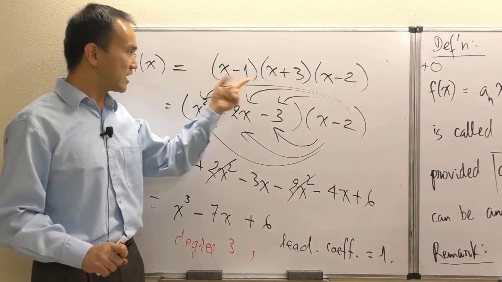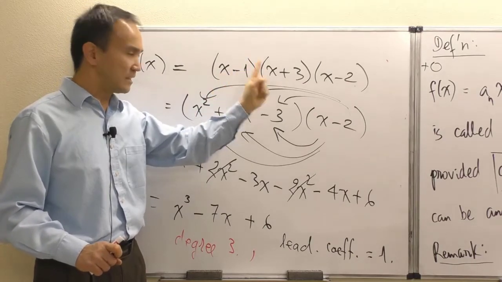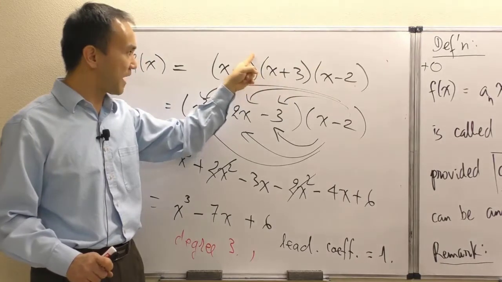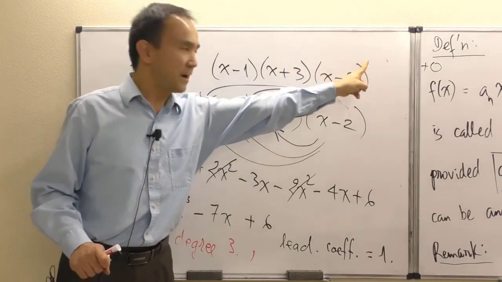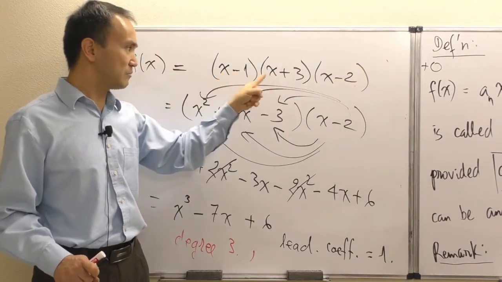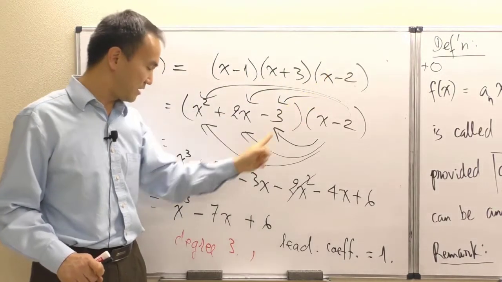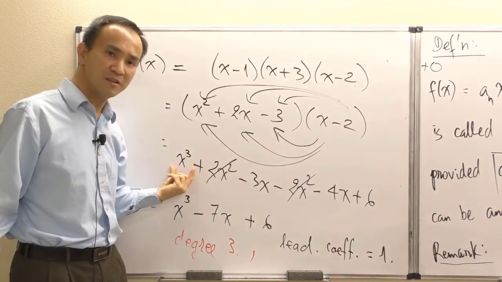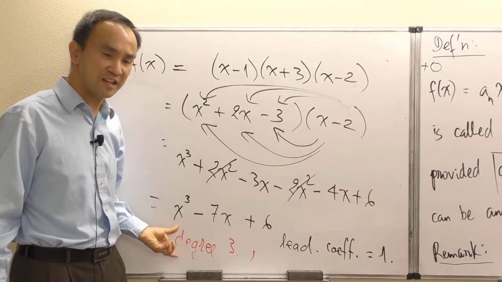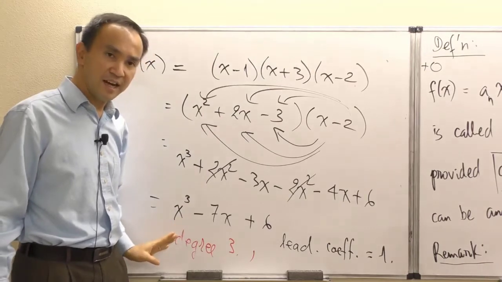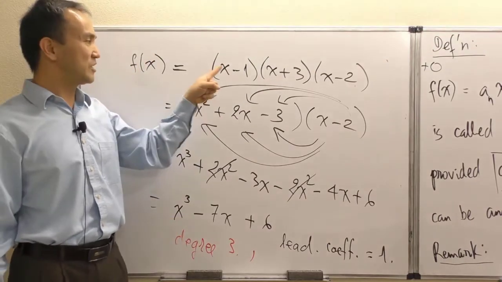And each factor itself appears only one time, meaning power 1, power 1, power 1. So just that, x times x times x, has to give me x cubed. And that's already enough to say that our polynomial here, if we FOIL it out, is going to be degree 3.